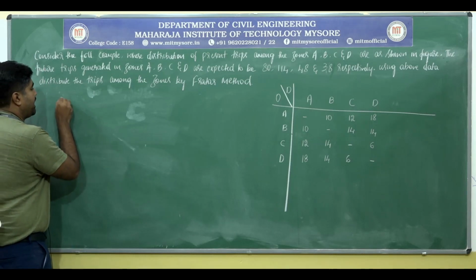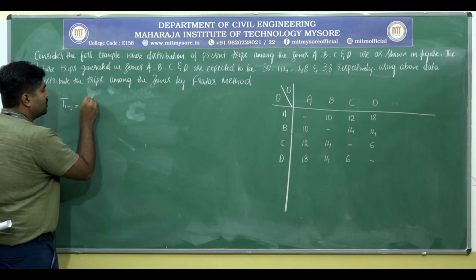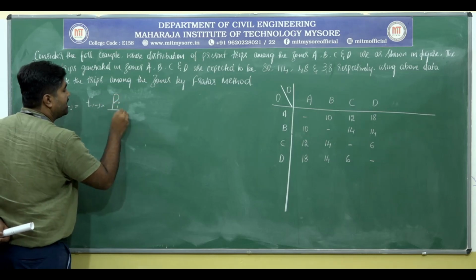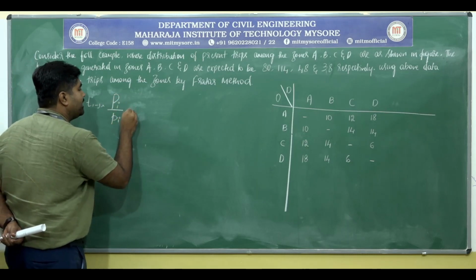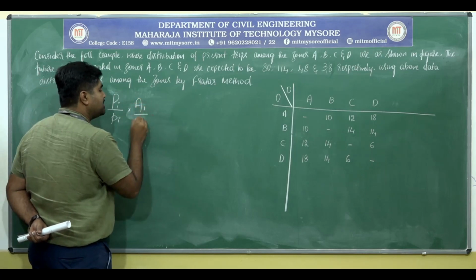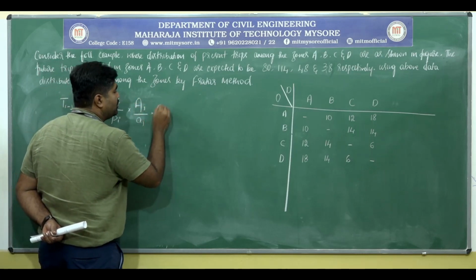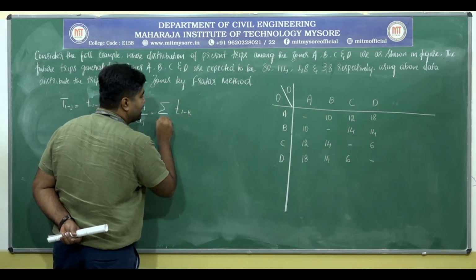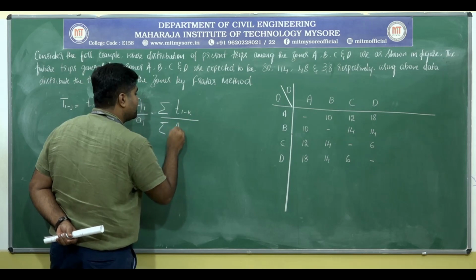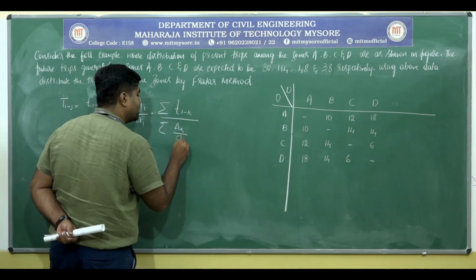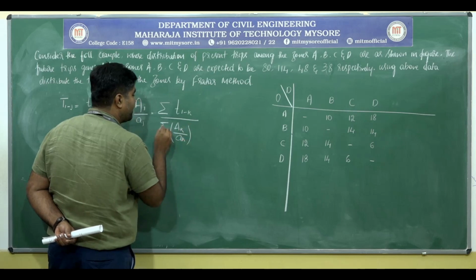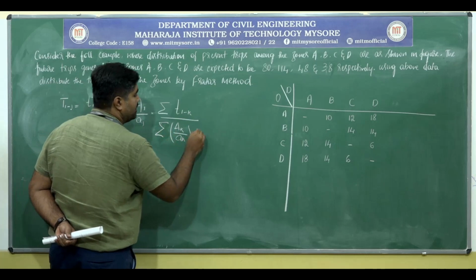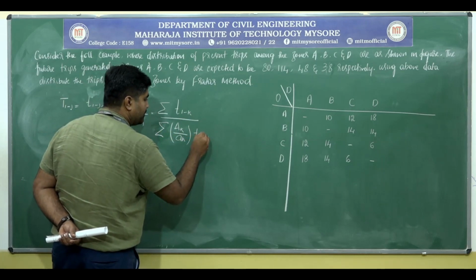T I to j is equal to small t I to j multiplied by capital Pi divided by small pi into capital Aj divided by small aj into summation of t I to k divided by summation of attraction factor whole multiplied by T I to k.